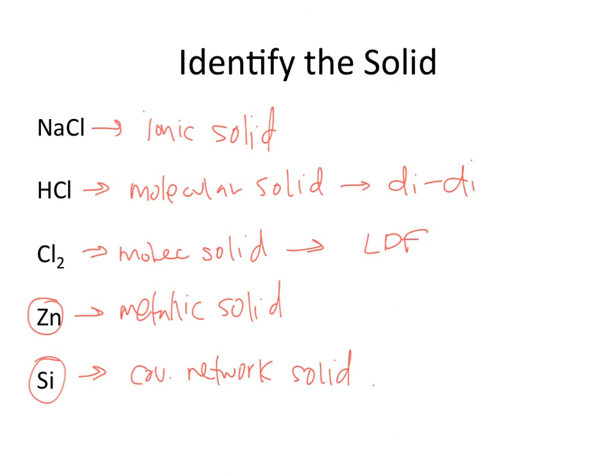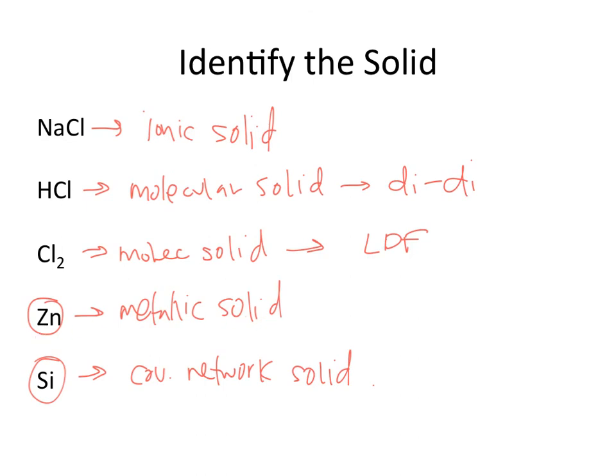We can compare molecular solids. I could ask you, which one of these is more likely to melt at a lower temperature? Of course you're going to say the Cl2, and the reason is that in order to break up the molecular solid, you need to break up the London dispersion forces. That's a weaker intermolecular force than the dipole-dipole interactions.